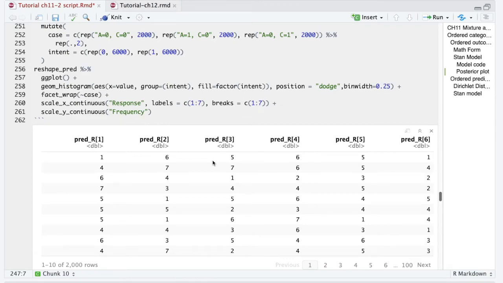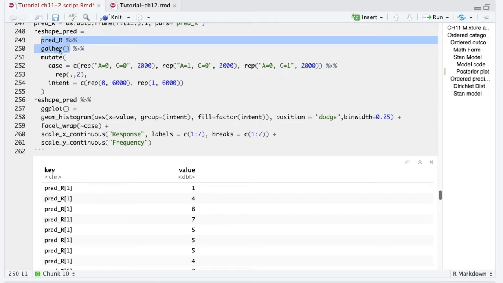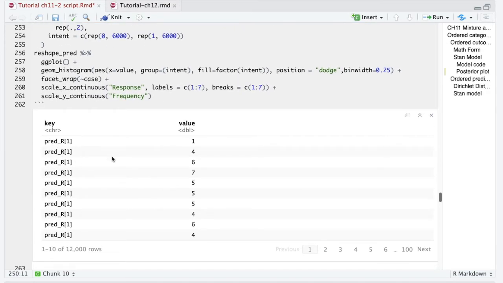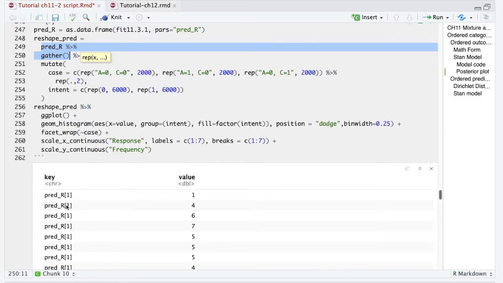So although the output from Stan is in a wide table, firstly I use the gather function to convert this wide table to a long table, and you can see we now have 12,000 rows, with 2,000 rows times 6 scenarios. And then I can easily tell R which scenario each prediction belongs to.